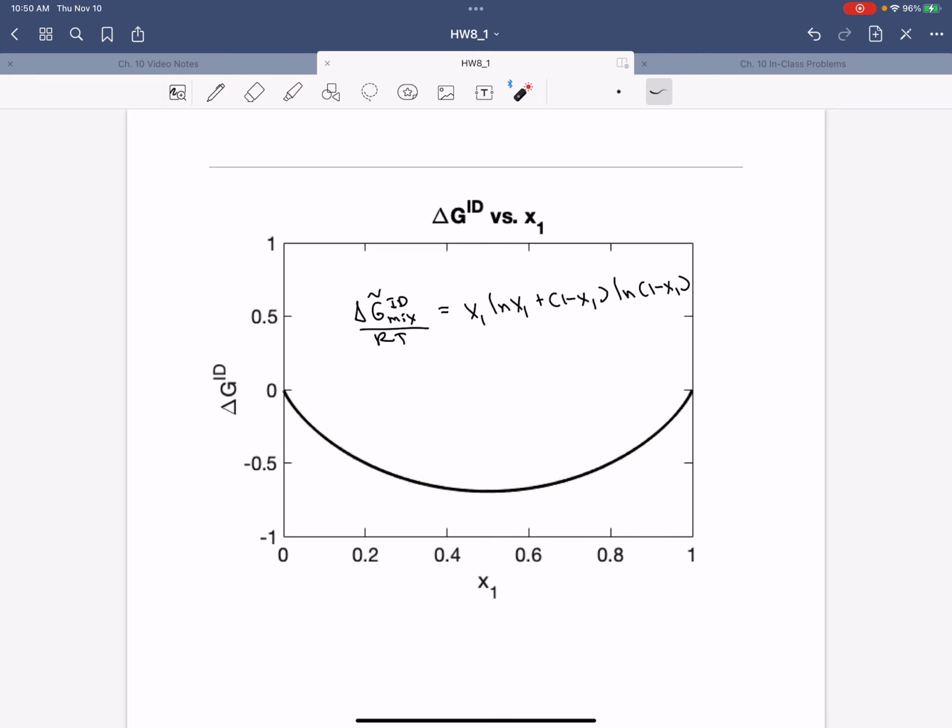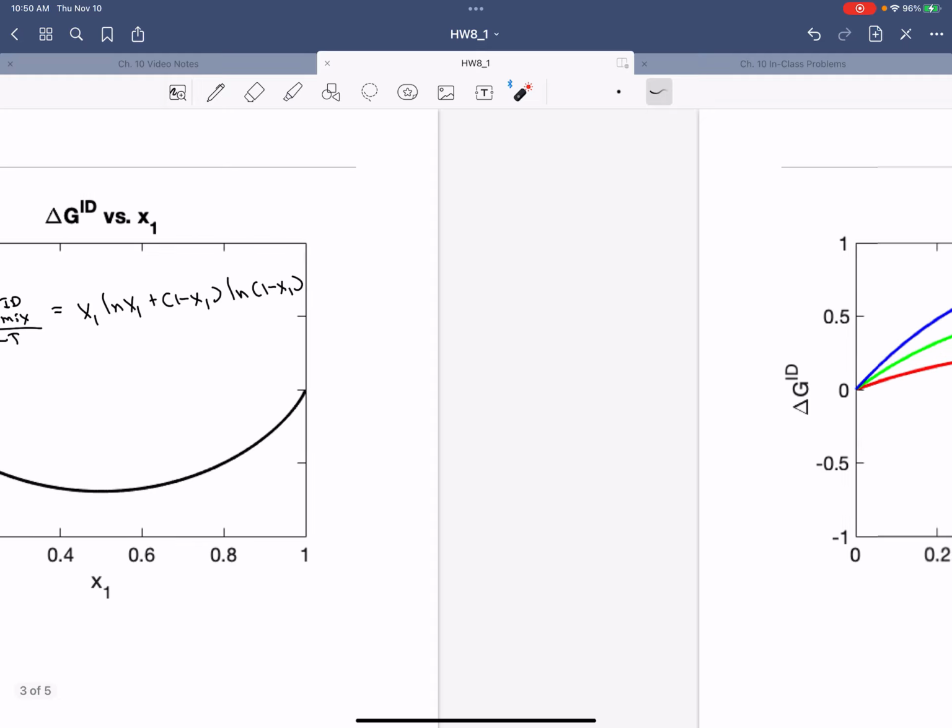Because now there's going to be more combinations for the system, more permutations when you have the ability to mix different molecules, right? You get to maximize the entropy in the system. And so we see here that the ideal solution delta G of mixing is always going to have a negative contribution towards the overall delta G of mixing. Okay? So this is for the ideal solution term.